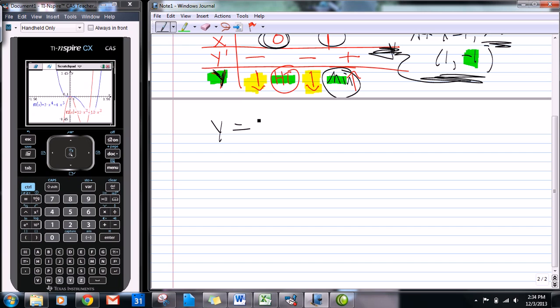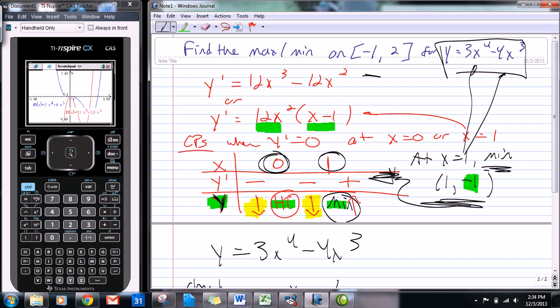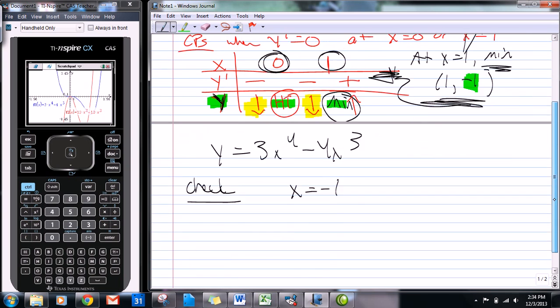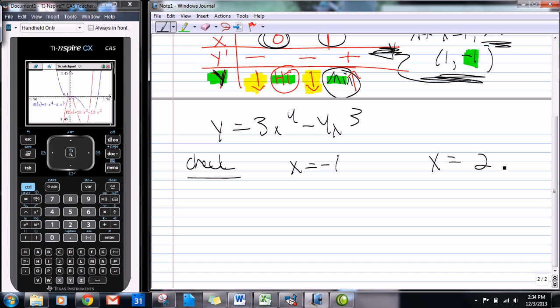So the function is 3x to the 4th minus 4x cubed. Let's check the endpoints. Remember, we're given a closed interval to start with. I'm going to check what's going on at -1, and then what's happening at 2. I have a sneaky suspicion that it's higher at 2, and that will be our max, but who knows? So let's plug -1 in.